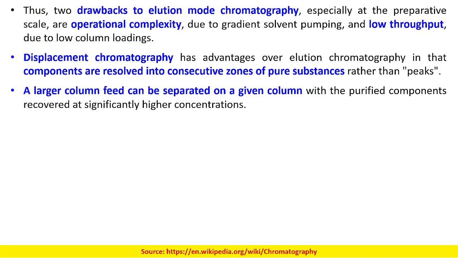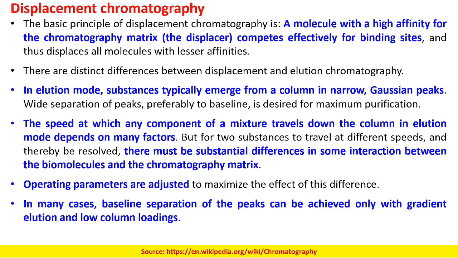Okay, so suppose you have a matrix of A. In your sample, you have a mixture of, say, C, D and E. Among C, D and E, you know that D has a special liking for A. So while you are eluting it, D will go and get absorbed onto A, while C and E will be moved out of the column.